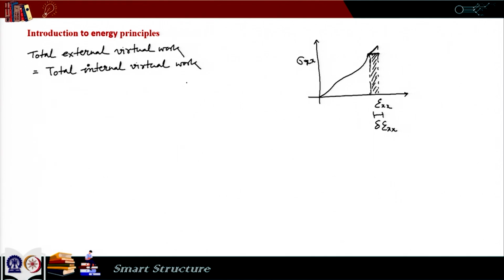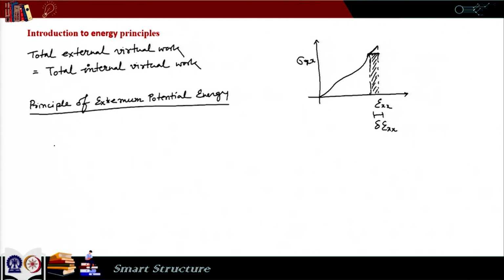Now, we will talk about another principle, the potential energy principle. This potential energy principle and the virtual work principle are very closely related.